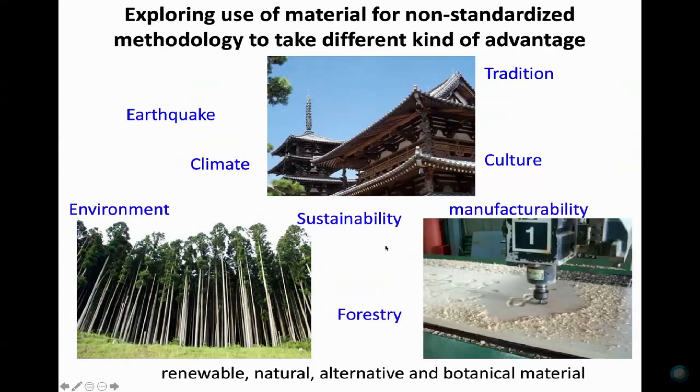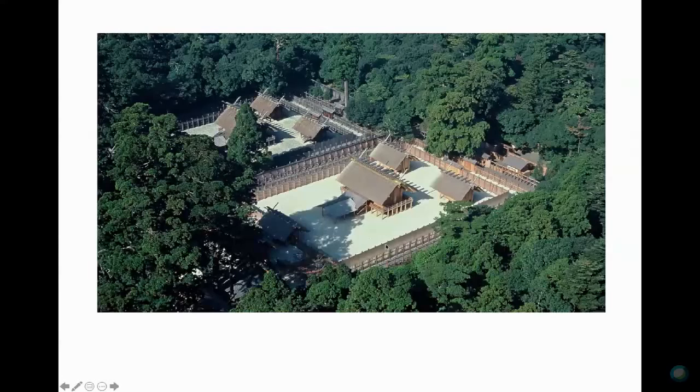Well, that also goes back to our cultural space. You may know this shrine is one of the headquarter shrines in Japan, a very famous one, and you can see it looks like a twin building.